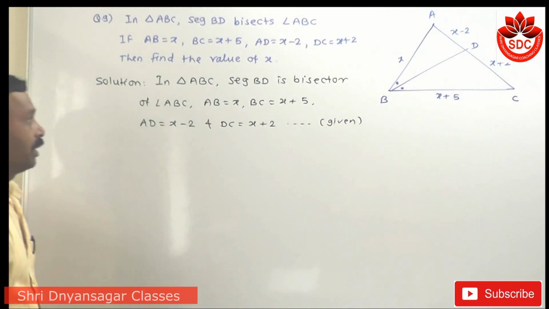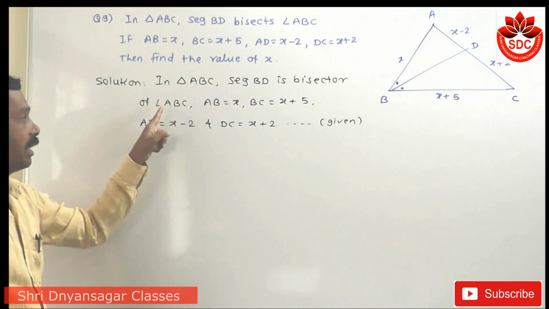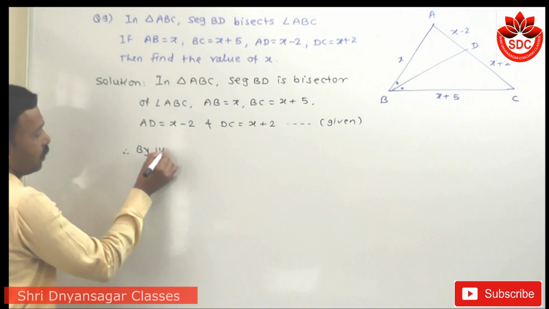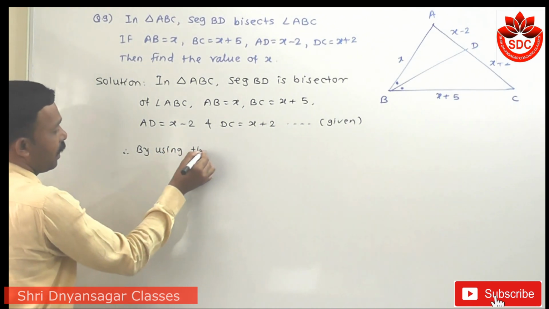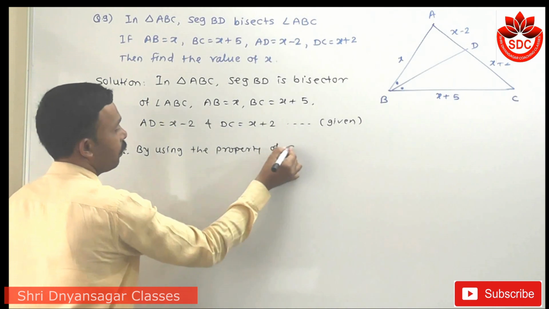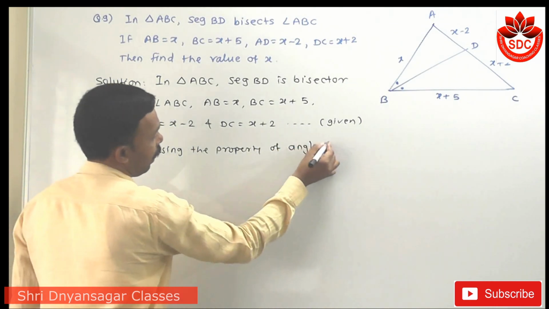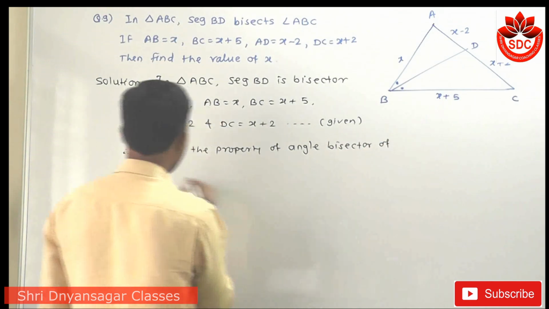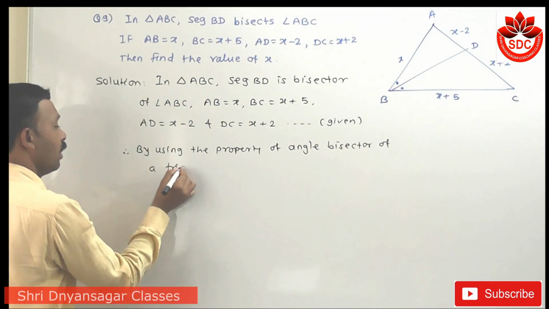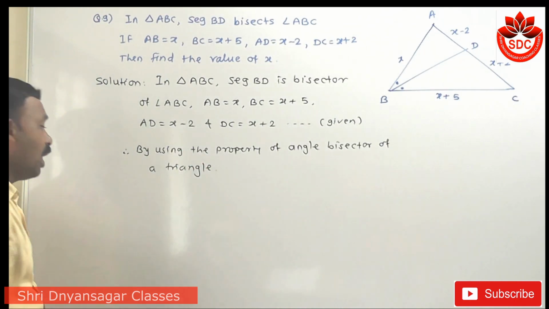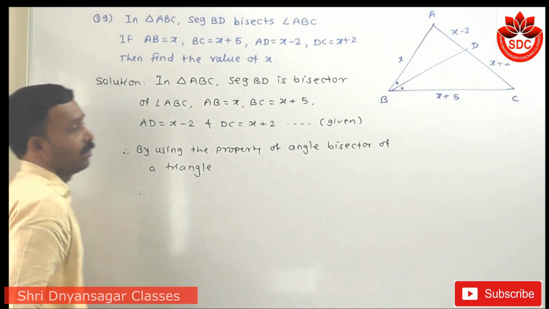Now student, this is the bisector of this angle ABC. Therefore, by using the property of angle bisector of a triangle, now we take the ratio.